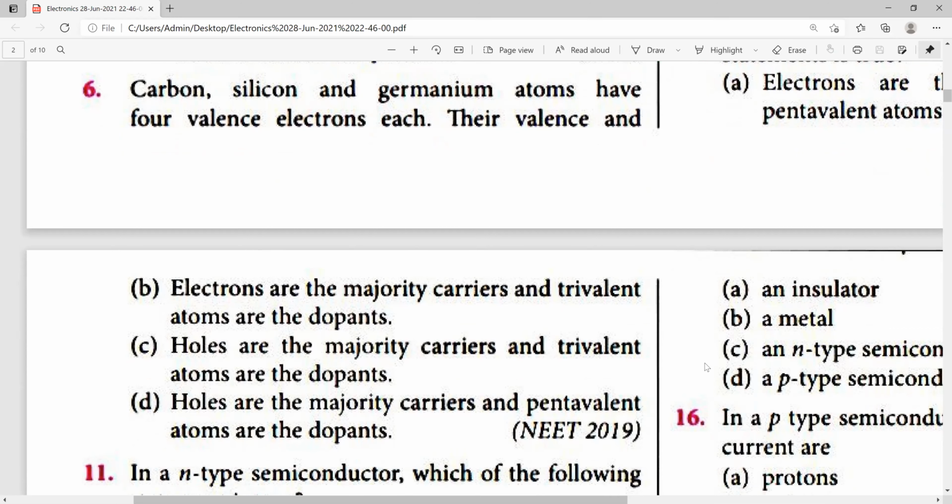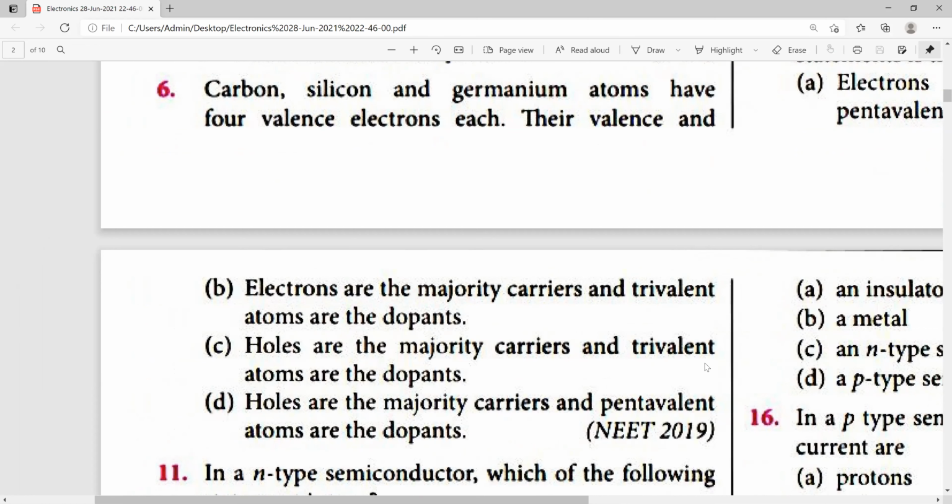Sixth one. Carbon, silicon, and germanium atoms have 4 valence electrons each.